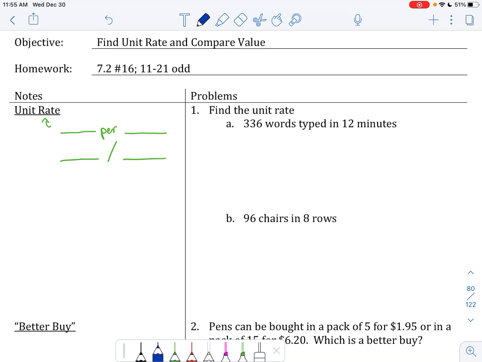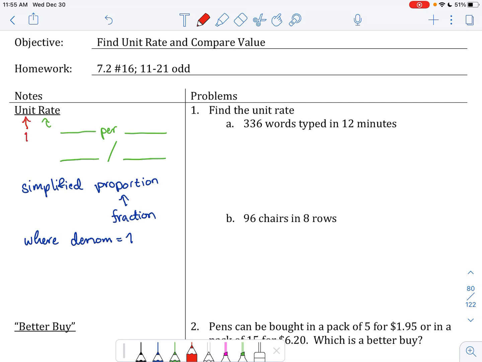And a unit rate is a simplified proportion, so miles per hour, simplified proportion. Proportion is the same as a fraction, so as I said, rate is also a fraction, and it's got to be simplified where the denominator is equal to 1. So that's where the idea with unit comes from. If you ever see something uni, that's coming from the word 1.